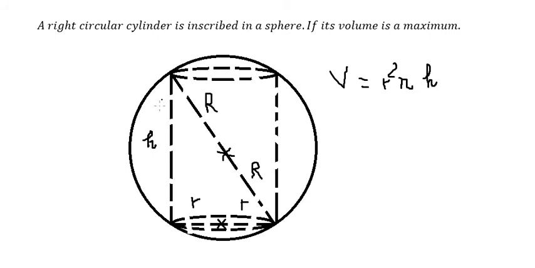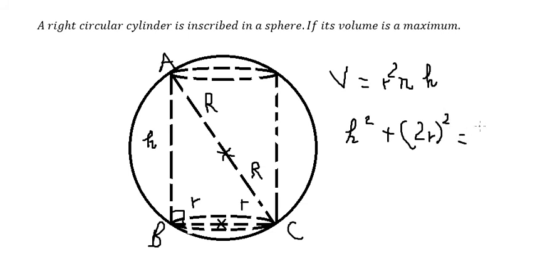If we look carefully at this one, we have triangle ABC with the right angle at angle B. We can use the Pythagorean theorem. So that should be h squared plus 2r squared equals 2 capital R squared.